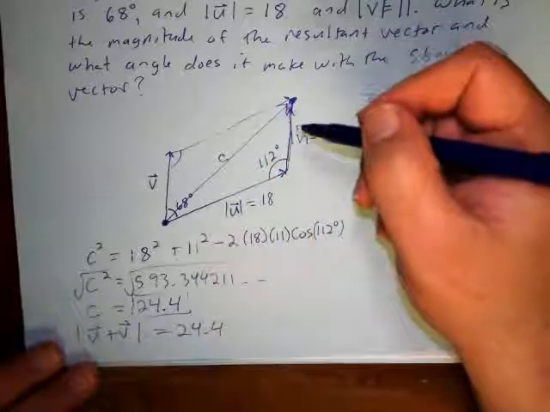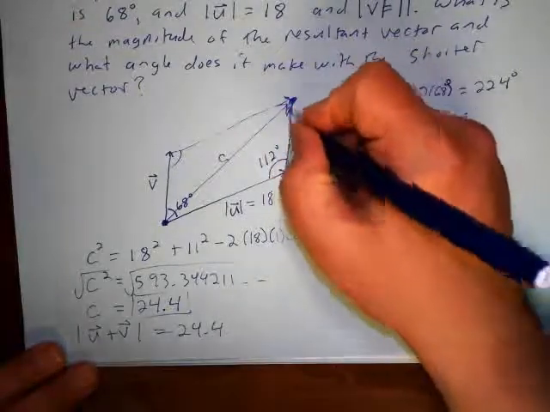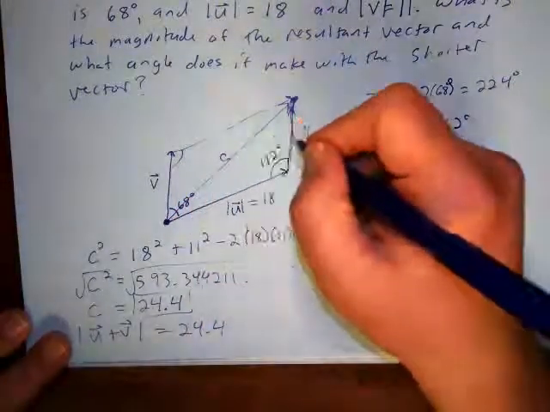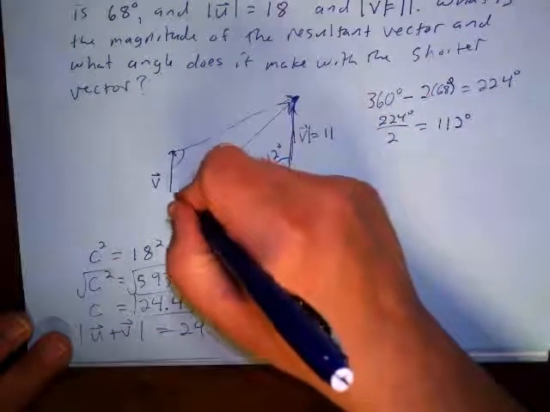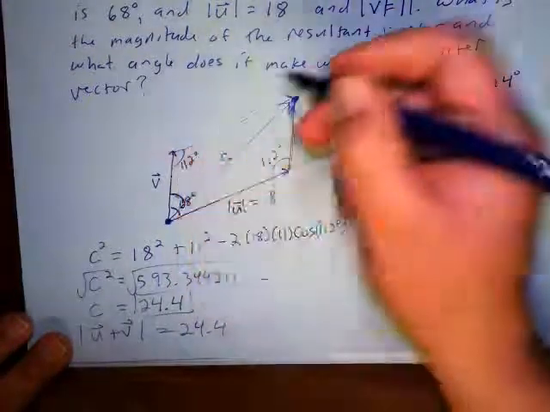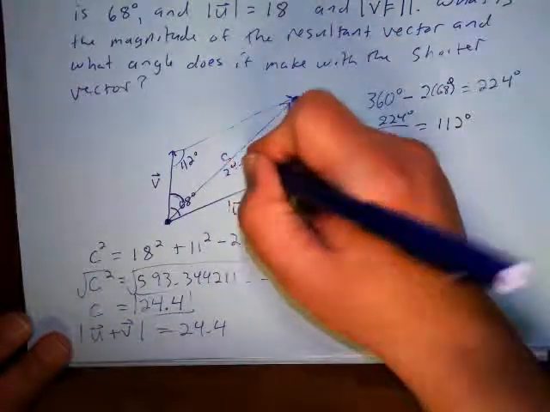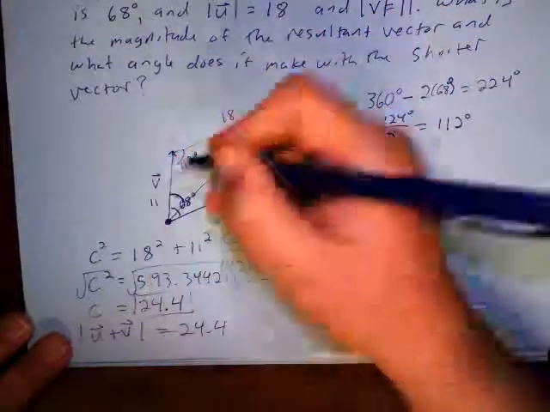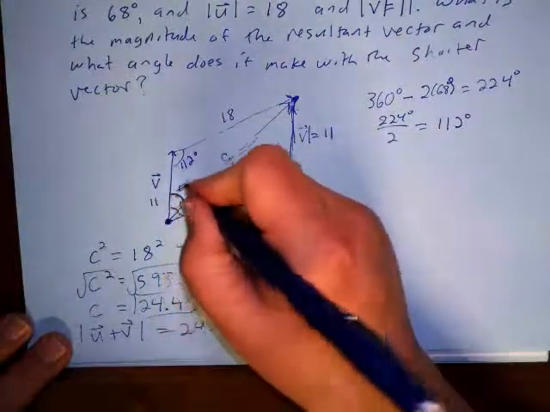So now we want to find the angle that this makes with the shorter side. Maybe it's easier to see the resultant. I want to find this angle here. This is 112 degrees, this is 24.4, and I want this angle, so this is 18 and that's 11. I can use the law of sines now. This is the angle I want to find.